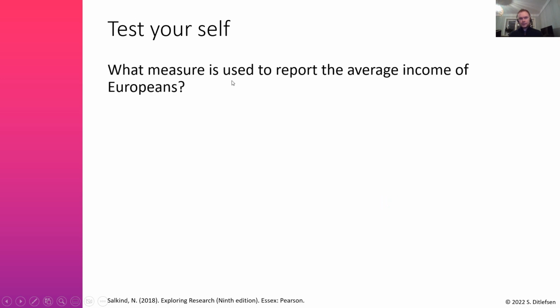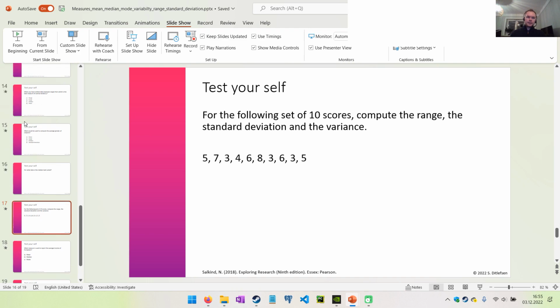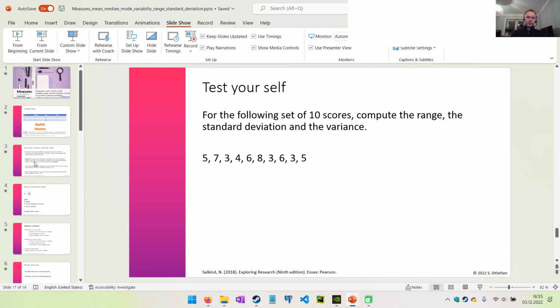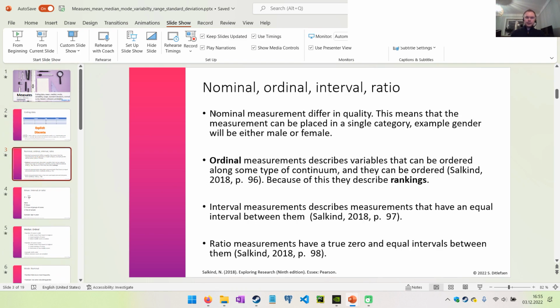What measures are used to report average income of Europeans? First we need to think of what kind of number it is. Is it nominal? Is it ordinal? Is it interval? Or is it ratio? Well, it's interval or ratio, because they have equal intervals between them.